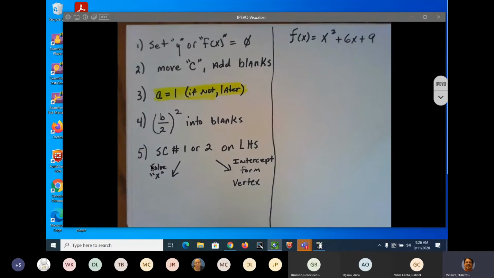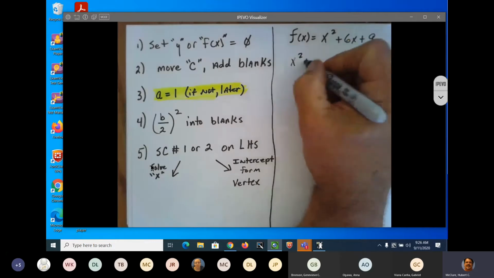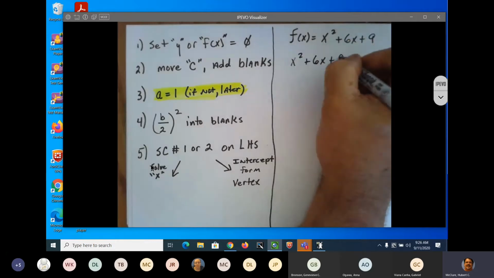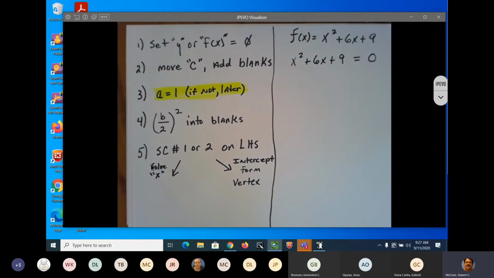The first thing you do is I'm going to turn it around, because I always put my 0 on the right. That's just something I do. You don't have to do that. But I'm going to write x squared plus 6x plus 9 is equal to 0. Now you've got it in standard form. Ax squared plus bx plus c is equal to 0.